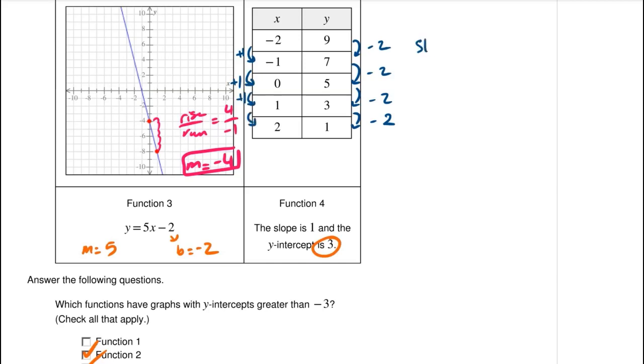Slope is the change in y over change in x. The change in y is -2 because you take away 2 for every value of y, and the change in x is +1, so that will give you -2. The slope of function 2 is -2.